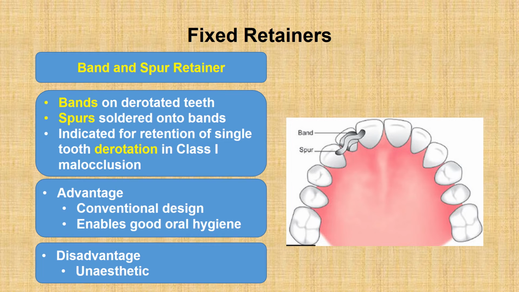It is indicated for the retention of a single tooth that has been derotated in a class 1 malocclusion situation. The advantage is a fairly conventional design that enables good oral hygiene, but the disadvantage is that it is unaesthetic because of the presence of the band.